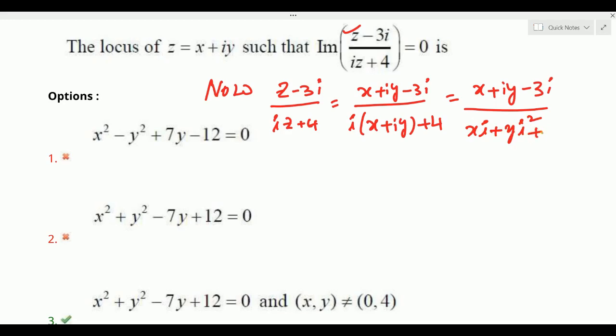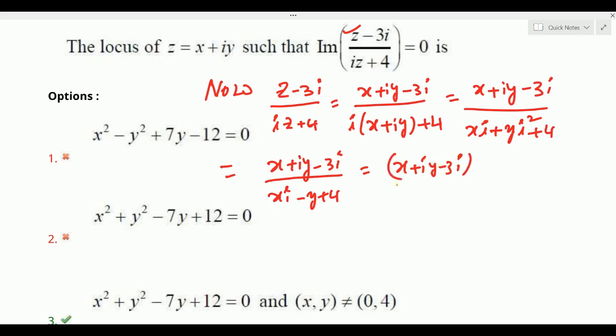With plus 4. Okay, you know the value of i square is minus 1. So the numerator is x plus iy minus 3i, and the denominator is xi, and in place of i square y we get minus y, plus 4. Again rewriting: x plus iy minus 3i divided by the real part 4 minus y with imaginary part plus xi.